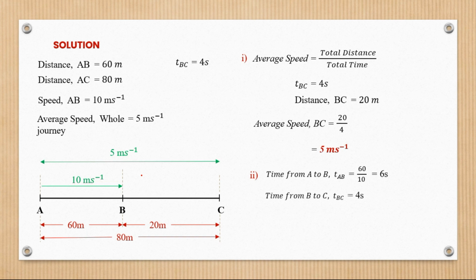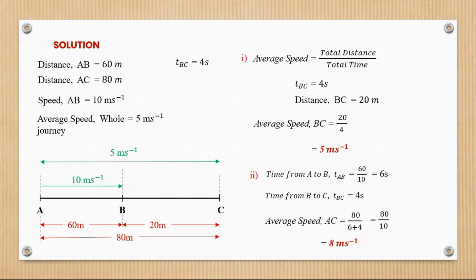Then the time to move from B to C is already known, and that is 4 seconds. So the average speed of AC is equal to the total distance over the total time. The total distance is 80, and the total time AC is 6 plus 4. So we have 80 over 10, and therefore the average speed is 8 meters per second.